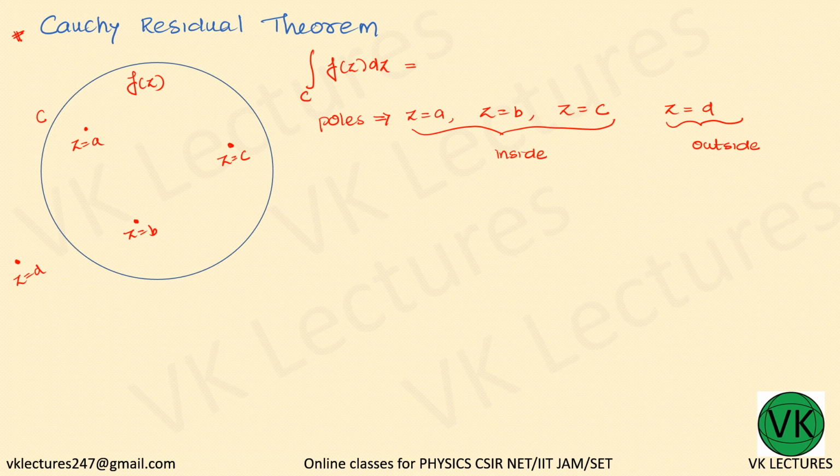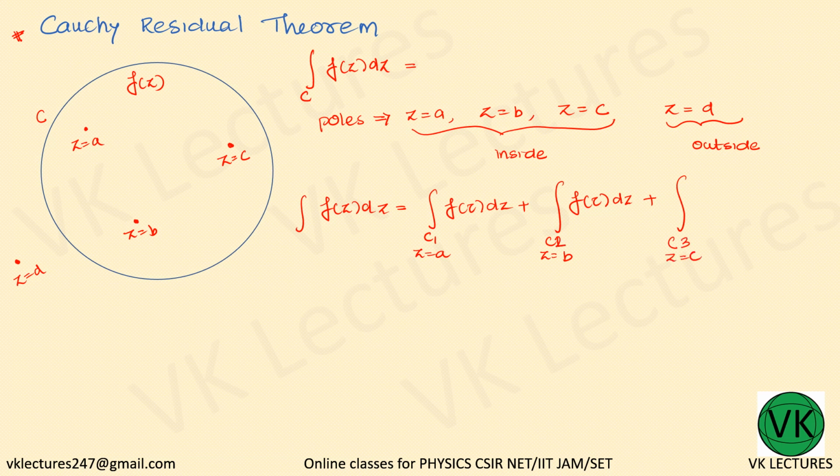So the integral f of z dz is given by integral over c1, which is defining the pole at z equal to a, f of z dz, plus integral over c2, which is defined in the area z equal to b, f of z dz, plus integral over c3 at z equal to c, f of z dz.